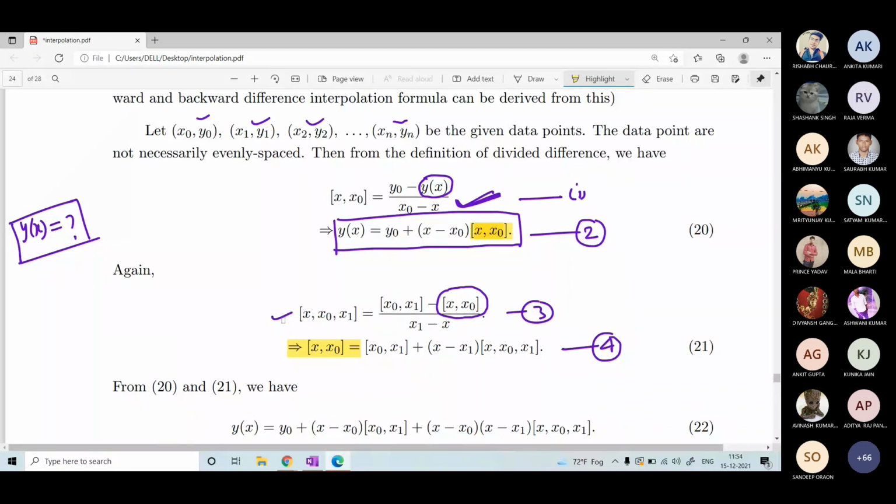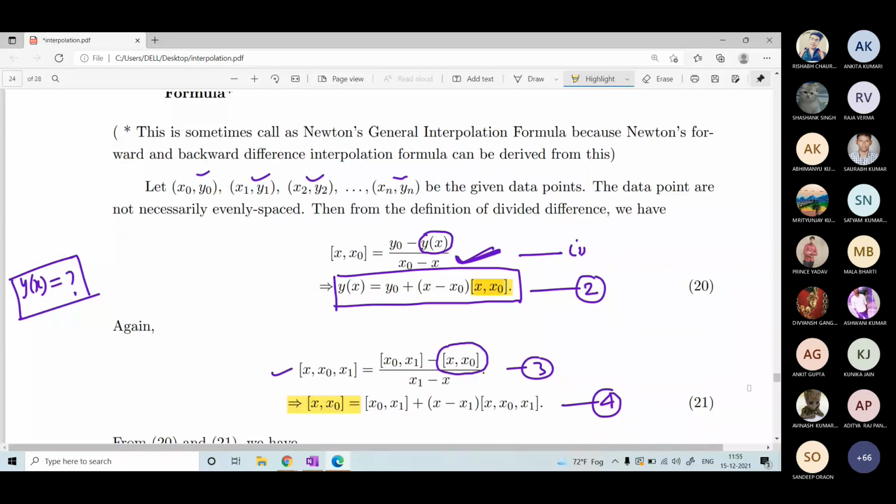Let me remove the equation number 2 and let me write it down myself. What will be y of x from equation number 2? That will be y0 plus x minus x0 into the divided difference of x, x0. And what is that from equation number 4?